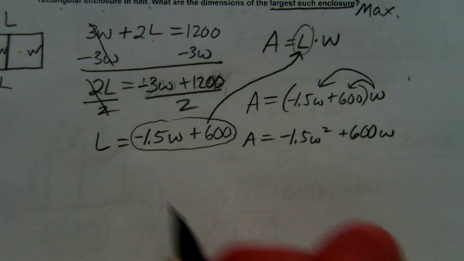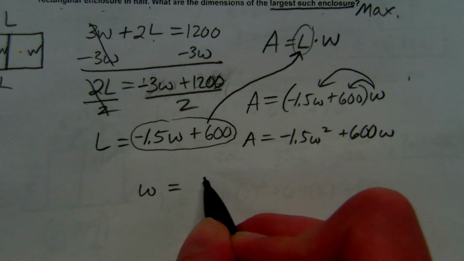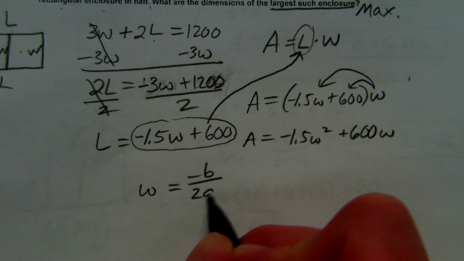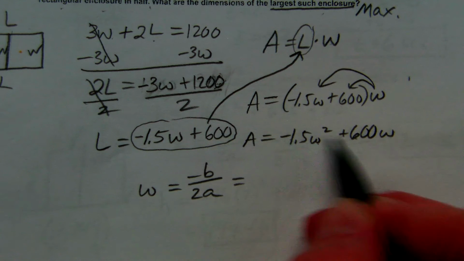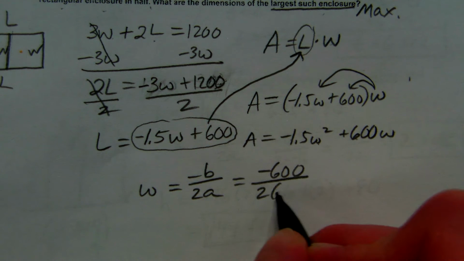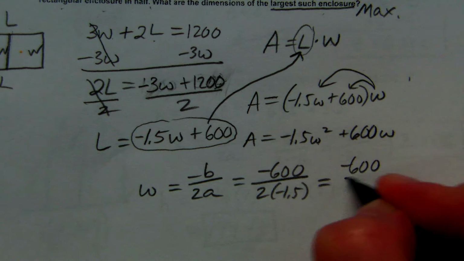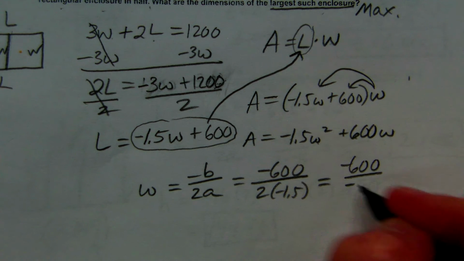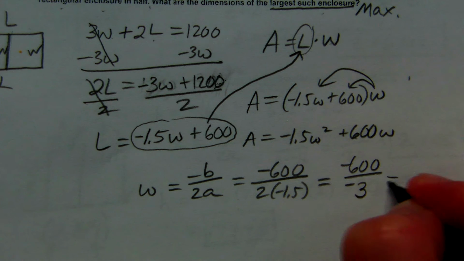And so this is W instead of X, so the W will equal negative B over 2A. Remember that the second number is B, the first number is A. That's why I rearranged it in the beginning. So negative 600 divided by 2 times negative 1.5. So negative 600 divided by negative 3, which gives us 200.